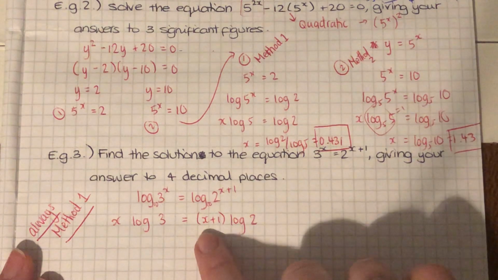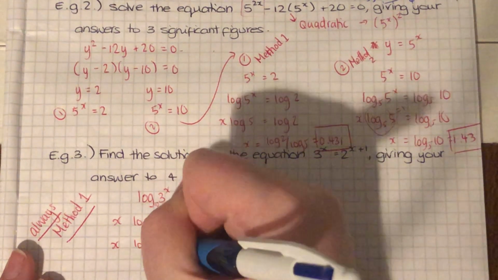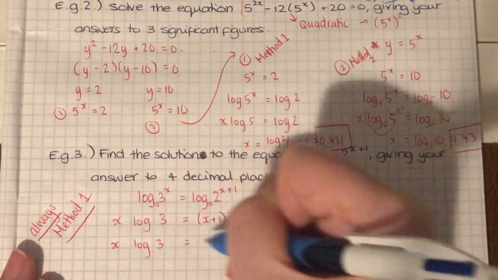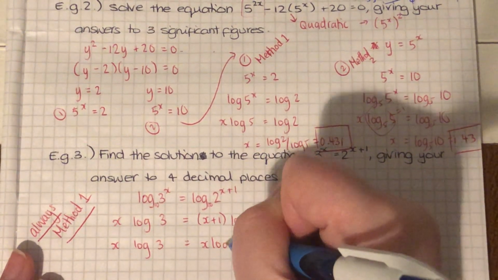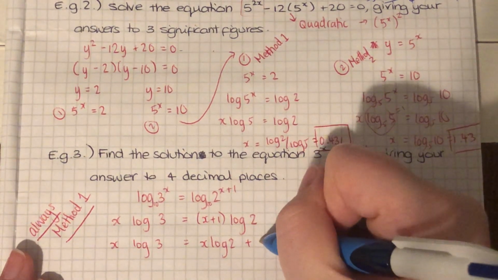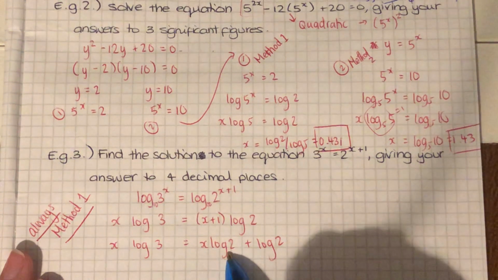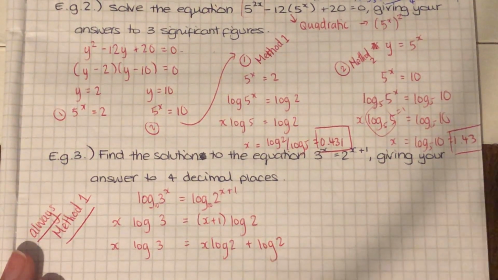Okay, I'm going to expand out. So x log 3 equals x log 2 plus log 2, because x times that gives you this and 1 times log 2 just gives you that.